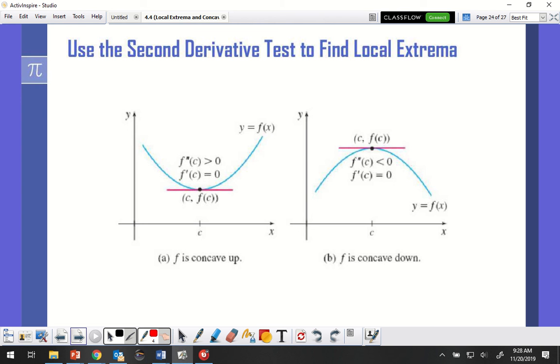I don't even think it says it on there. Maybe we should write that on there. Critical points from my first derivative for the second derivative test. So critical points from the first derivative get plugged into the second derivative to test concavity, and that's going to tell me if it's going to be mins and maxes.